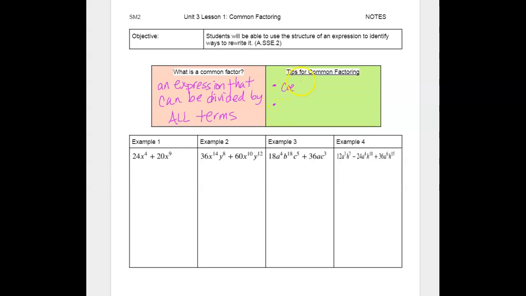So for the coefficients, if you want to break all the numbers down, you can, and then look for all the numbers that they have in common, but you want to take the biggest number that divides by all terms.